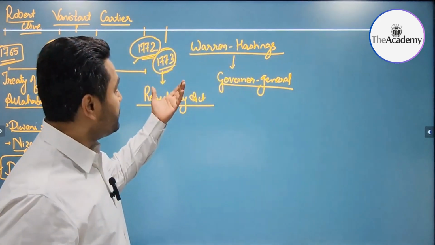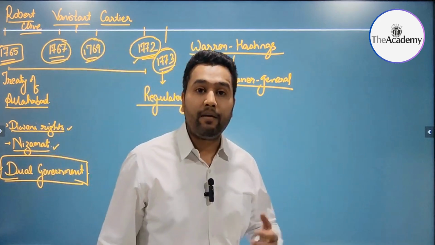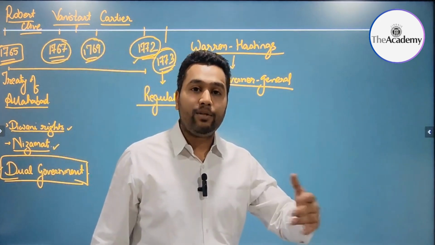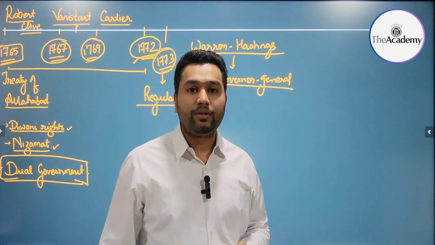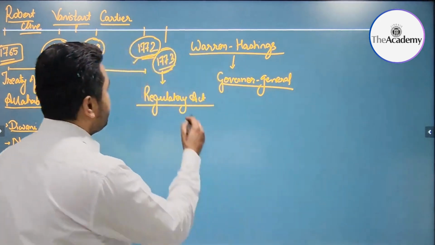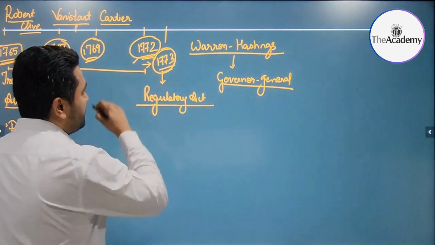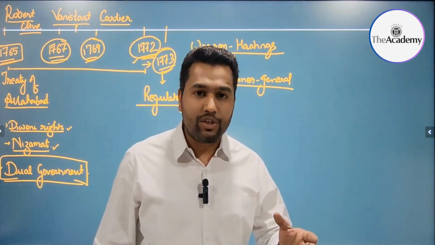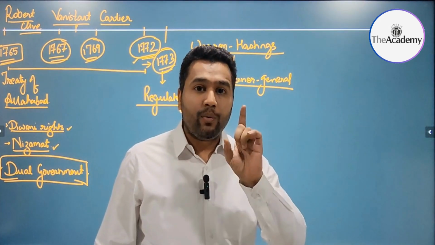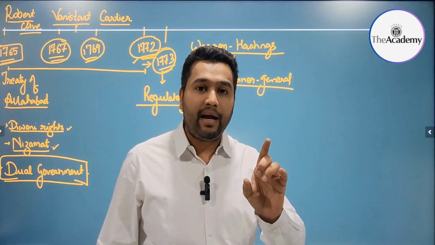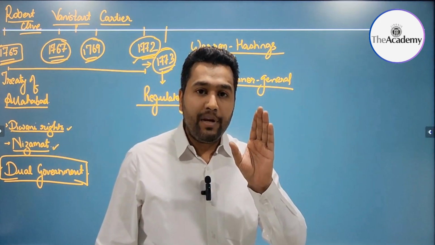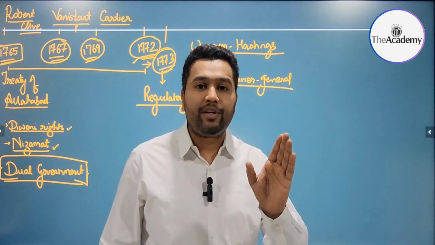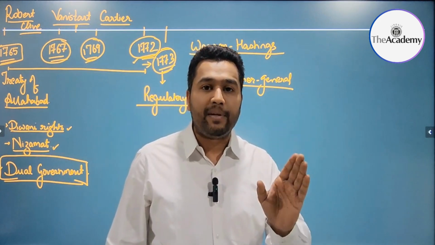As per the Regulating Act of 1773, there was also provision for establishing judicial institutions. So the Regulating Act is considered a major breakthrough, a watermark in British history, because it was the first attempt when the British Parliament aimed at bringing about some form of parliamentary control over the affairs of the company in India.